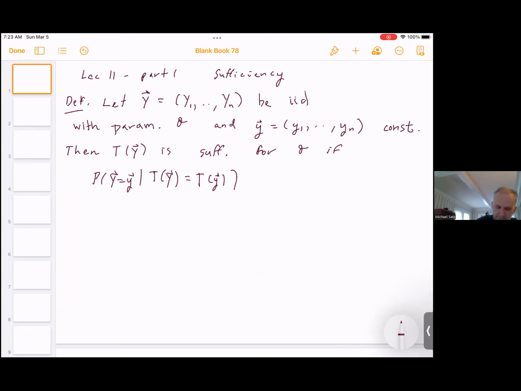So this is the discrete case. So let's see, then t of y is sufficient for theta if, so is not a function of theta. So this is the discrete case, or the density, the conditional density f.